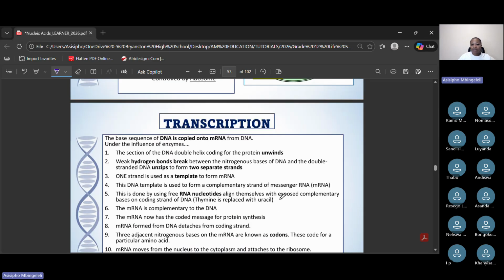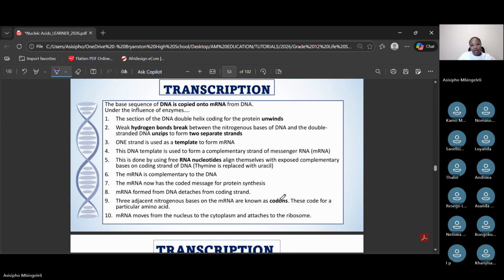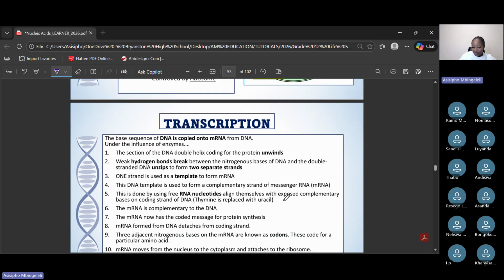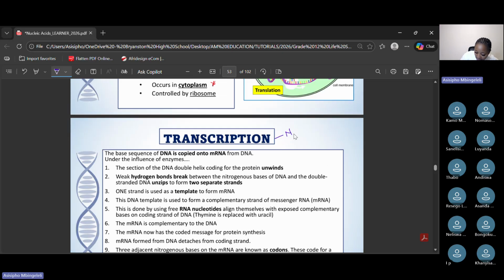But let me come here. Now, let's remind ourselves about this process. Transcription, that is the first process. And in terms of location, it will take place in the nucleus. That's where it's going to take place. But this process is very similar to DNA replication. The first 2 points here are the same.